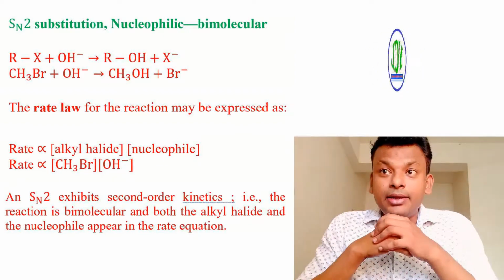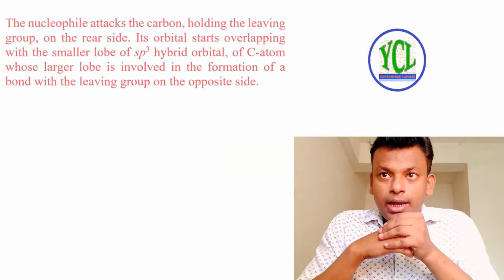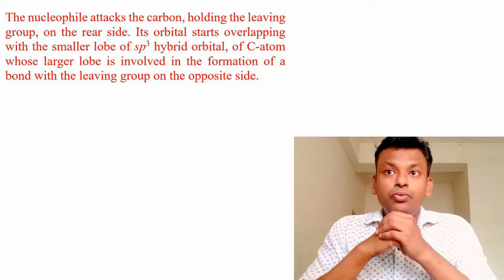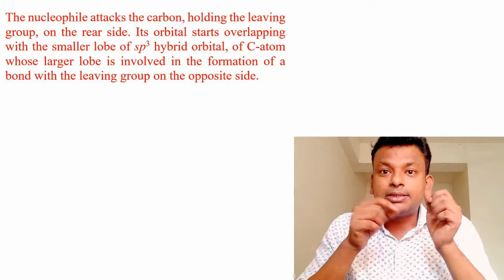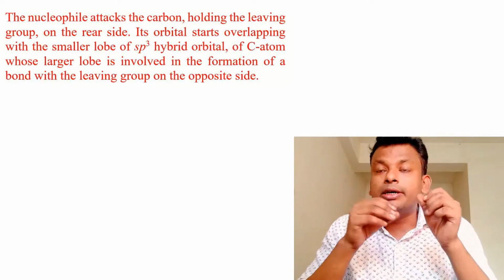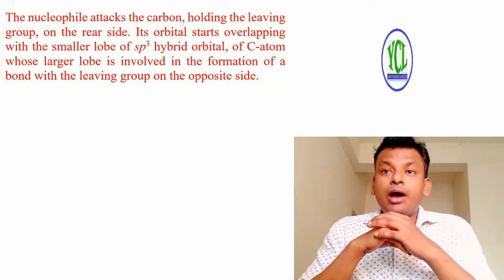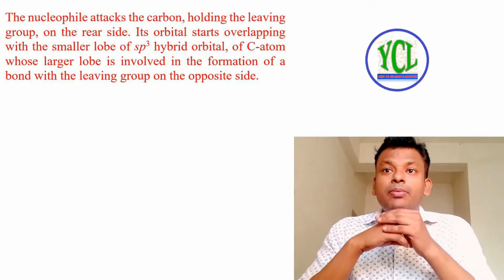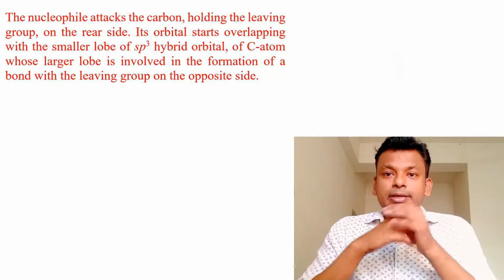in the rate equation. And next point, the nucleophile attacks the carbon holding the leaving group on the rear side, means back side. Its orbital starts overlapping with the smaller lobe of the sp3 hybrid orbital of the carbon atom, whose larger lobe is involved in the formation of bond with the leaving group on the opposite side.